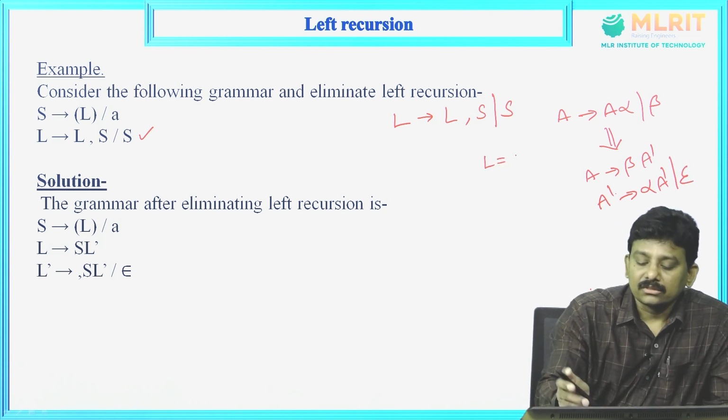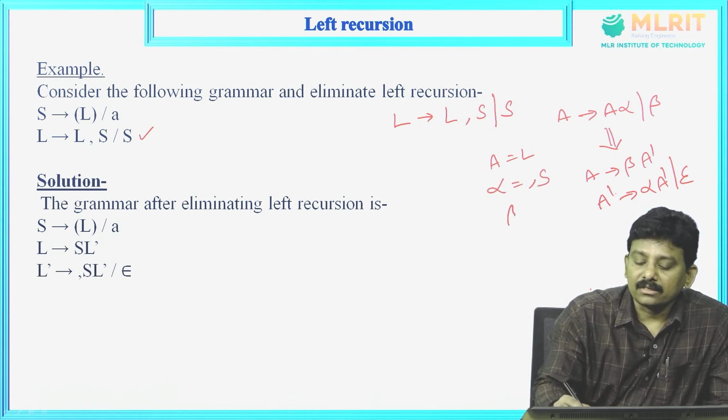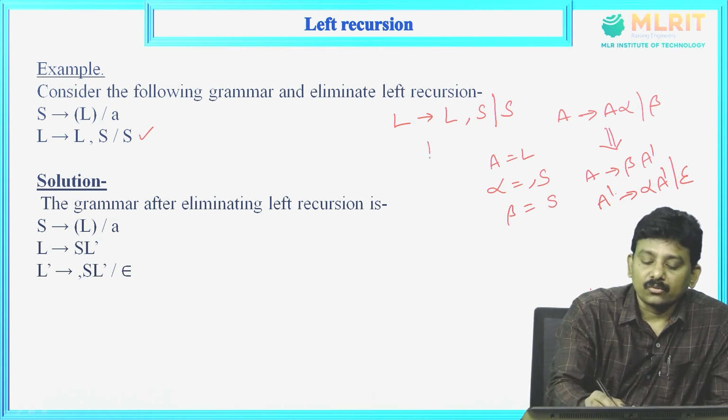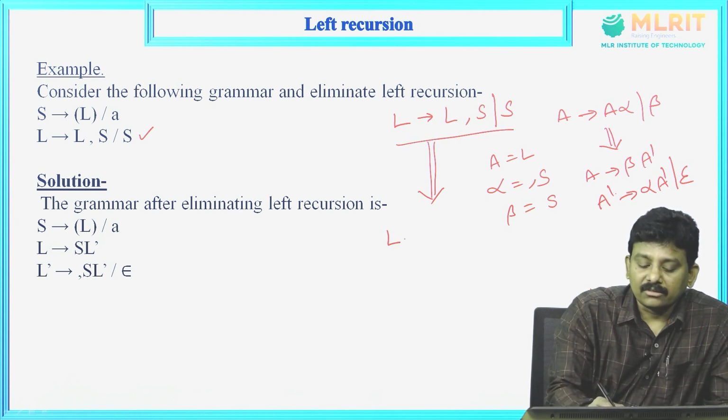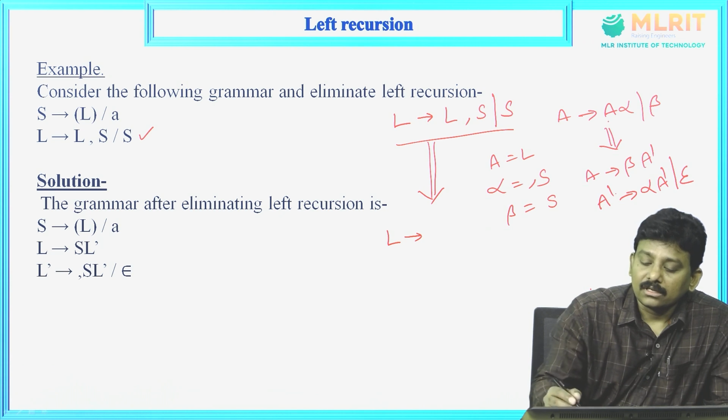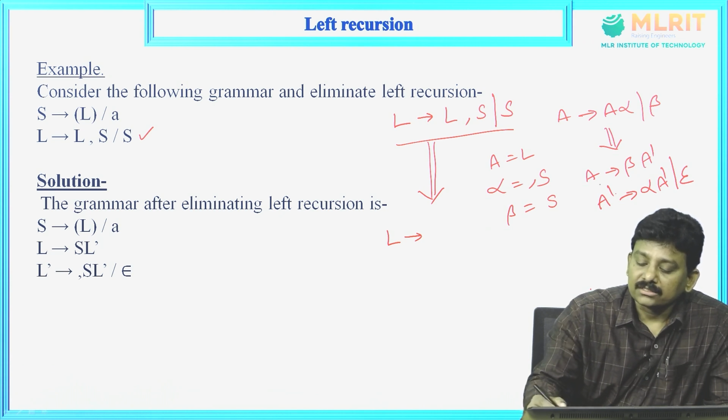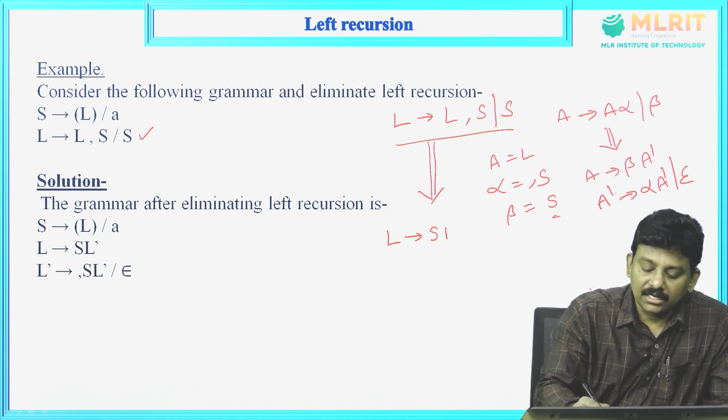Here A is the same as L, alpha is comma S, where comma is a terminal, and beta is S. Then we can rewrite this rule after eliminating left recursion. L derives beta A dash, so L derives S L dash.